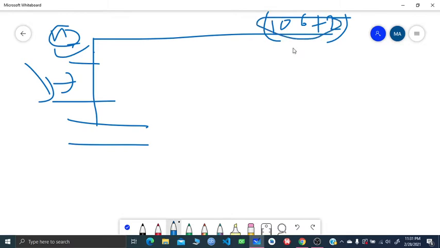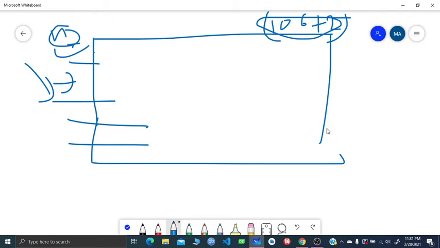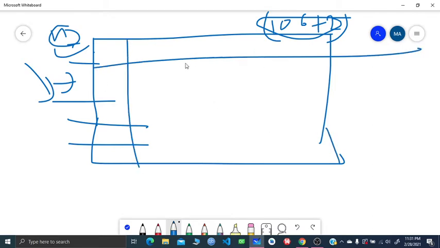It's 10 to the power 6 plus 2. Initially you are here, and one thing to notice is that n is always at least 2, and the column is always fixed, 10 to the power 6 plus 2.